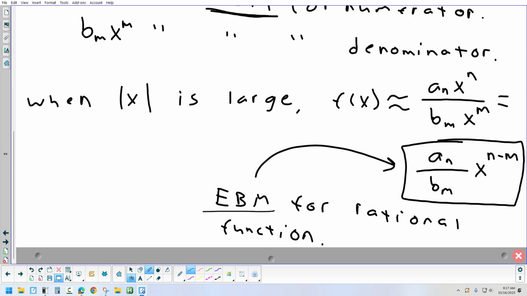So what does the EBM tell us? What is the end behavior model used to figure out? Isn't it to like how many times it crosses the x-axis? Nope, it's not used to tell you how many times it crosses the x-axis.